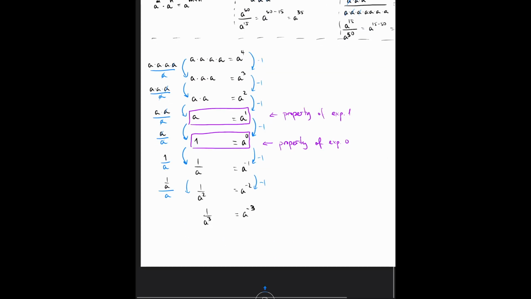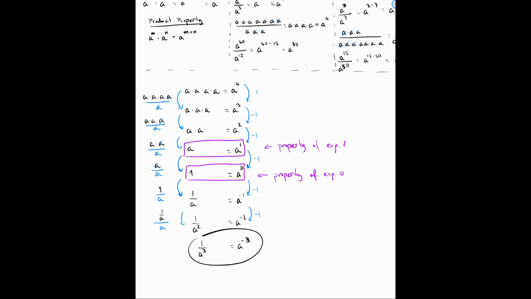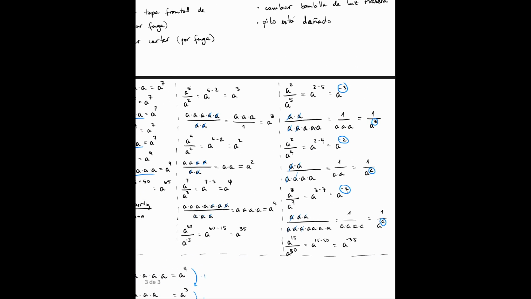Well, that's exactly what we just got here. That a to the negative 3 is equal to 1 over a cubed. Look at what we got for a to the negative 2. We get that it's 1 over a squared. That's exactly what we got up here. A to the negative 2, we got that was 1 over a squared.